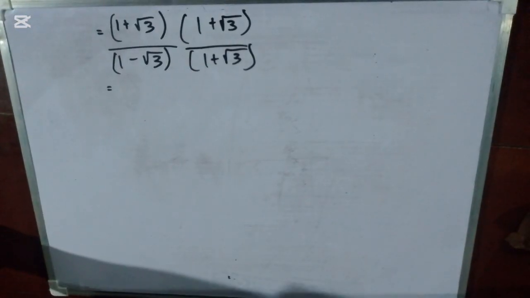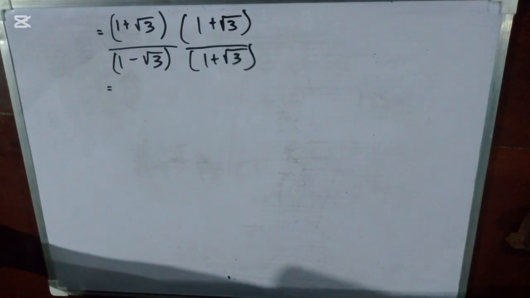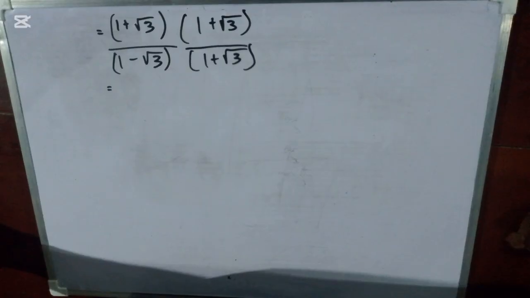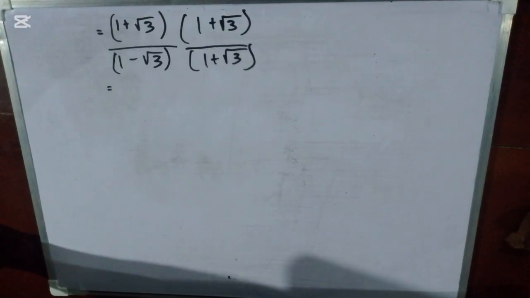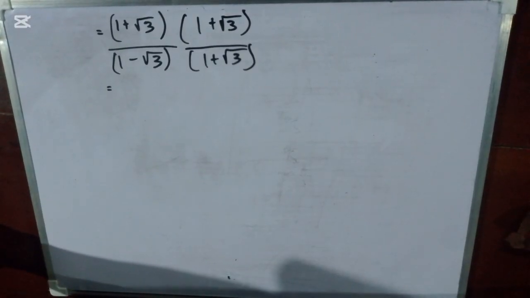And now let us start multiplying the numerator and denominator by 1 plus root 3 using the FOIL method.